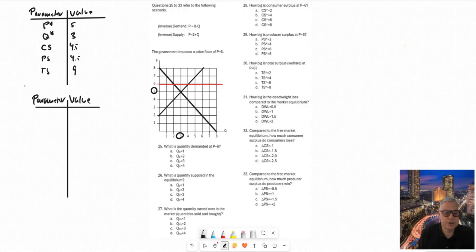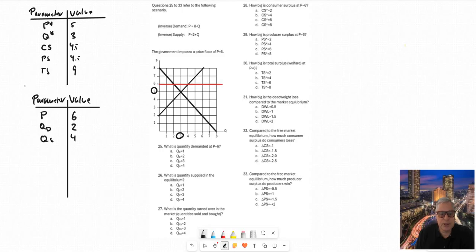The price is now 6. And now, what is the quantity demanded? Well, quantity demanded is only 2. What is quantity supplied? Well, that's 4. So we have this excess supply.